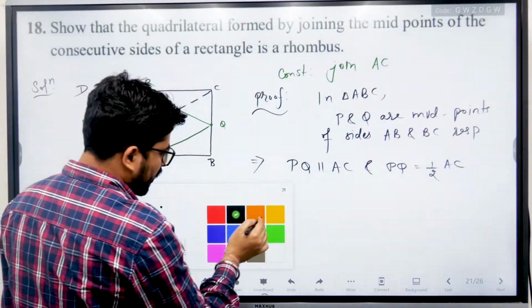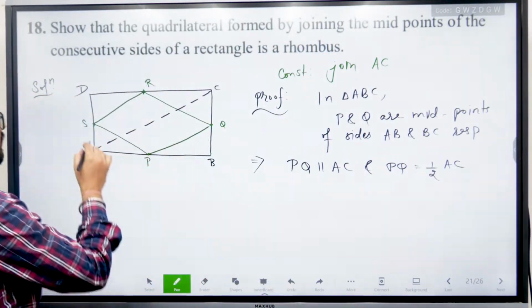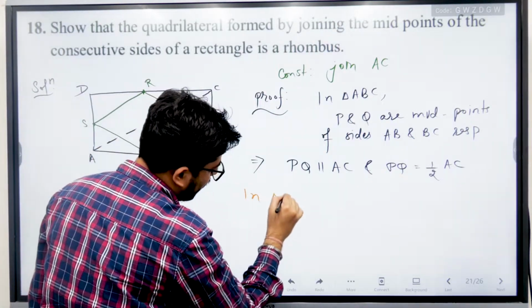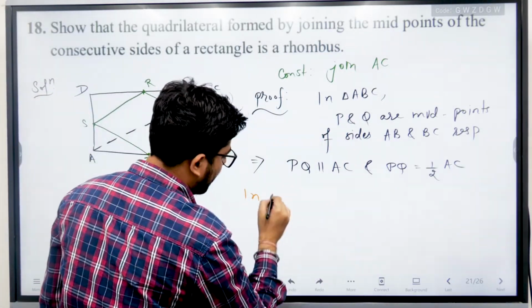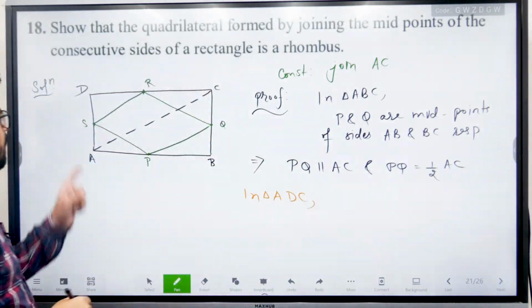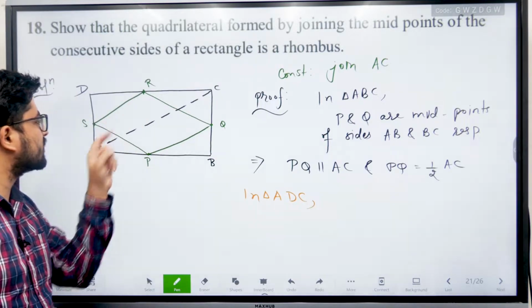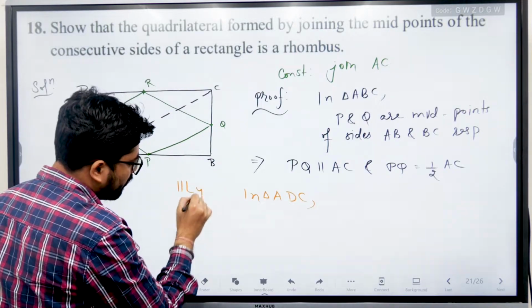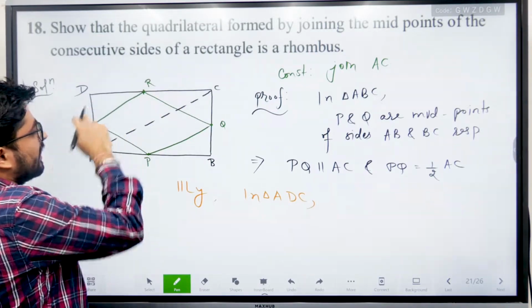In a similar manner, in triangle ADC, R and S are the midpoints of sides CD and AD respectively.